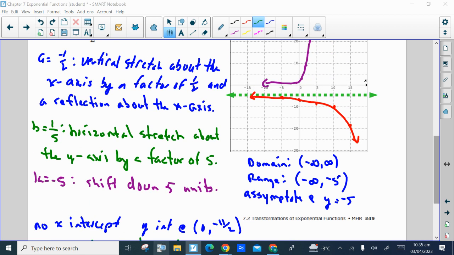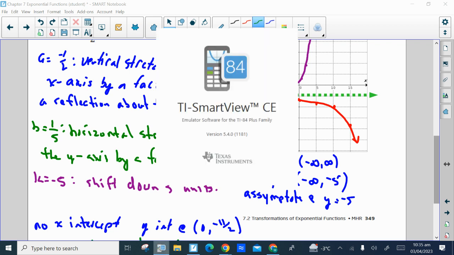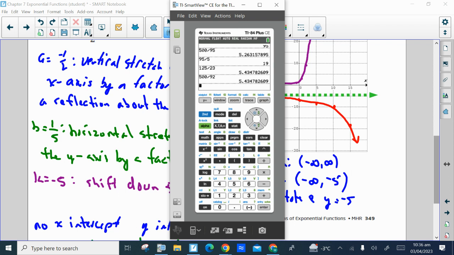And we can certainly use a graphing calculator. We can put this equation in the calculator, graph it, and then check the points on our graph, on our calculator, against the ones that we came up with in our table. So if you put that exponential function equation in the calculator, then we can see the graph and check the points that we got in our table to make sure that they are correct.